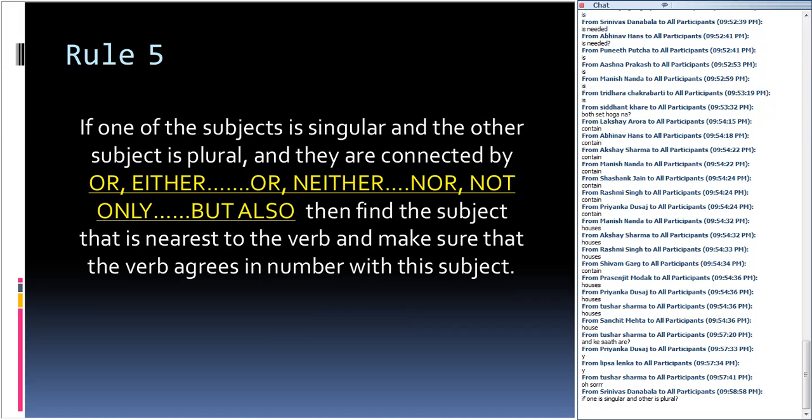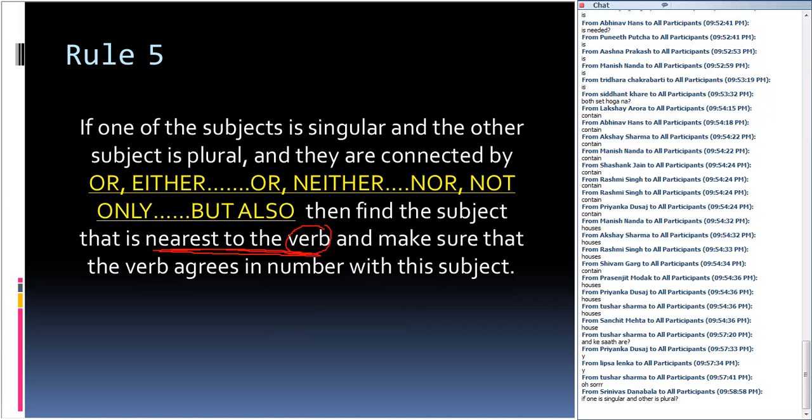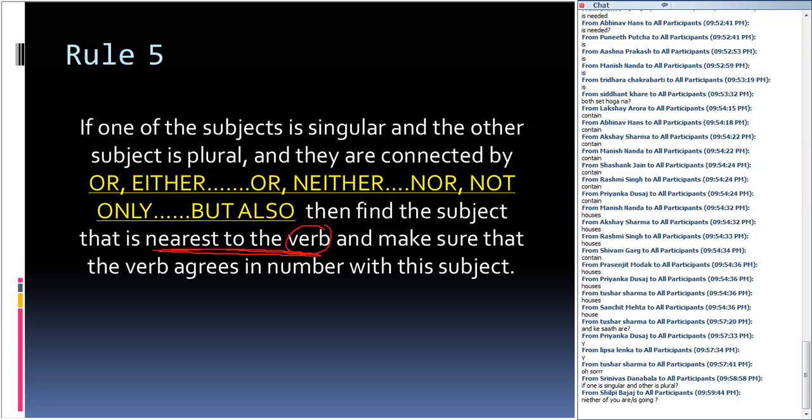Then you will find the subject that is nearest to the verb. जो भी subject verb के करीब होगा, the verb will take the form of that subject. Okay, so you will find the subject that is nearest to the verb and you will make sure that the verb agrees in number with this subject.